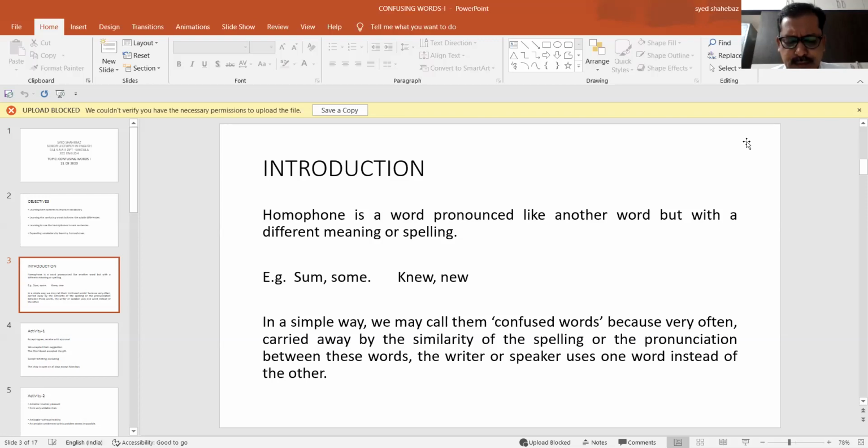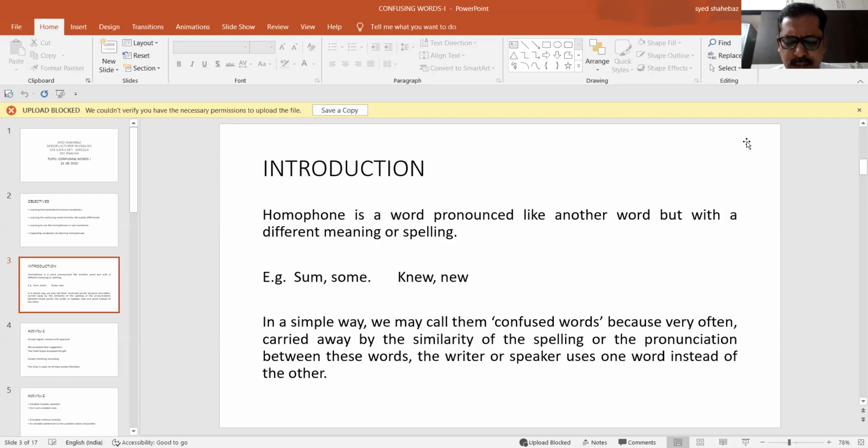Once a phone message was sent asking the authorities to send two pensioners. The man at the other end misunderstood the word as prisoners and conveyed the same message to the higher authorities.